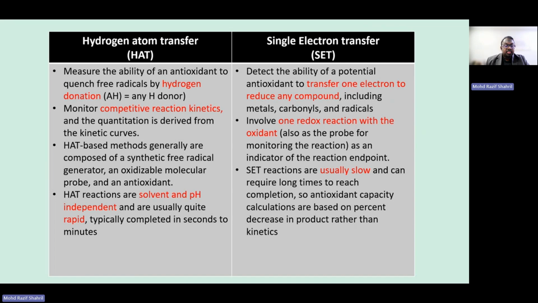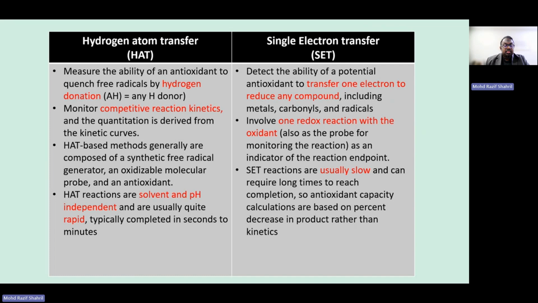The second mechanism is single electron transfer, or SET, and these assays detect the ability of the potential antioxidant to transfer just one electron to reduce any compound, which could include metals, carbonyls, and radicals.